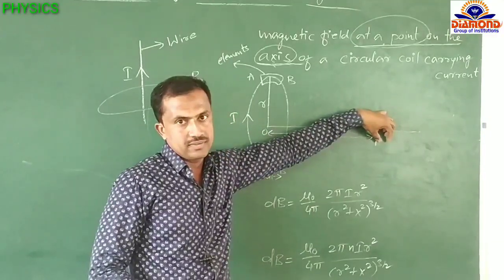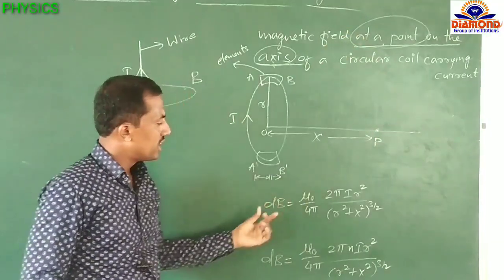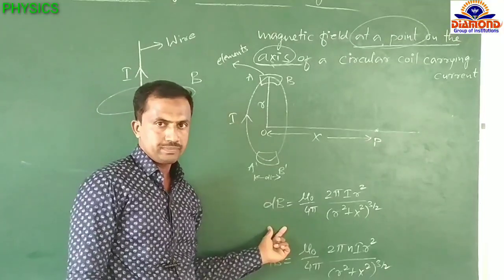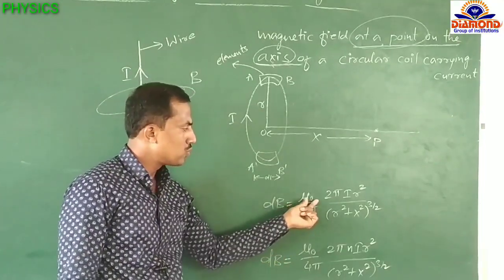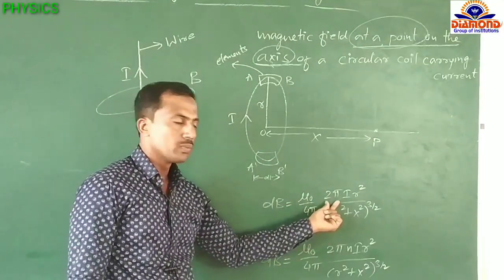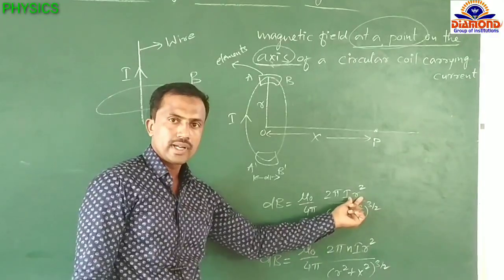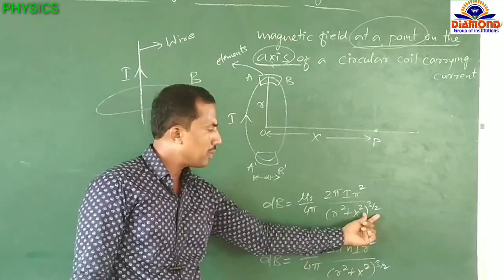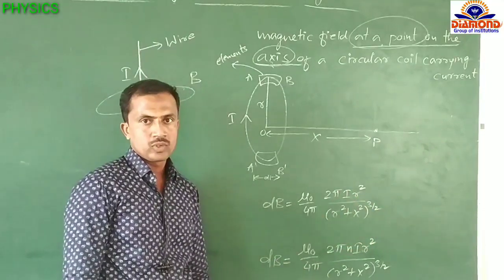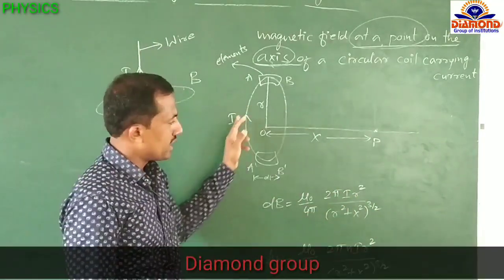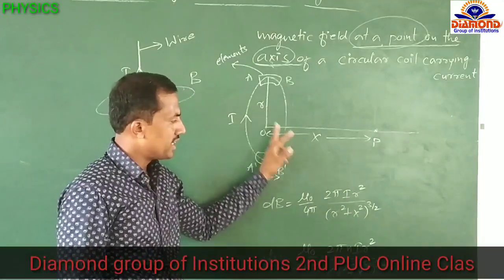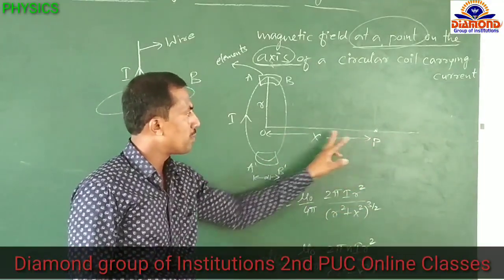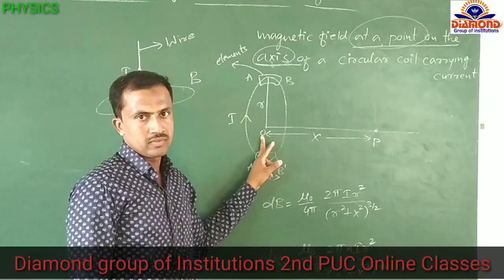We will discuss this derivation; the final equation that comes is B equals mu naught by 4 pi times 2 pi I r square divided by r square plus x square, whole power 3 by 2. Here I means current in the coil, r means radius, x is the distance from the point to the center.